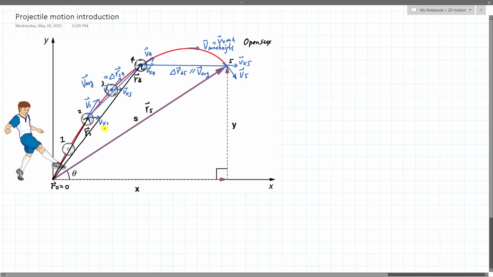So what I'm showing here is the horizontal component somehow is constant because we assume there's no air drag, right? So the effect of gravity is only on the vertical axis, right? So I think I'll change my notation here a little.